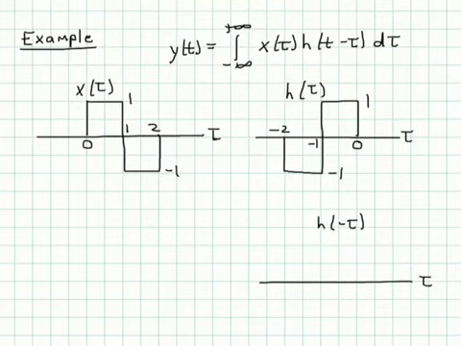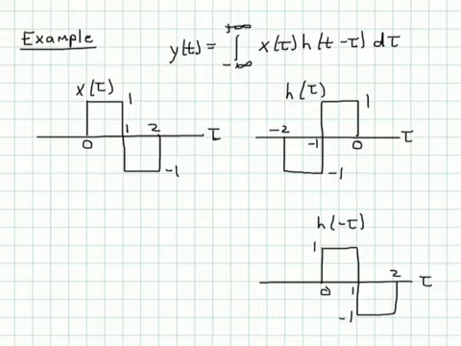I just flip h about the axis, and that actually gets me exactly the signal that looks the same as x for this particular example. So I have this h of minus tau here. I've just time reversed the h of tau.